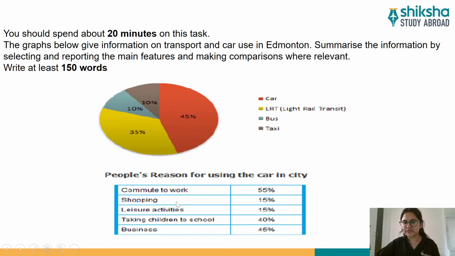So the reason behind using the car, only the car, has been given here. People commuting to work is 55%, shopping is 15%, leisure activities is 15%, taking children to school 40%, and business 45%.